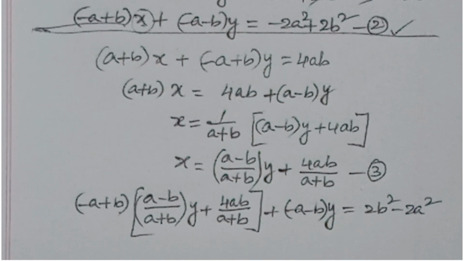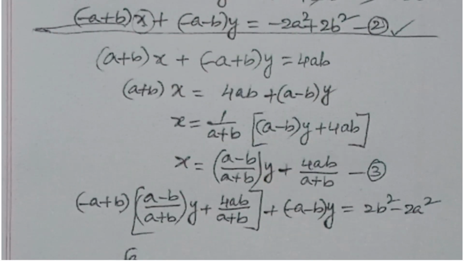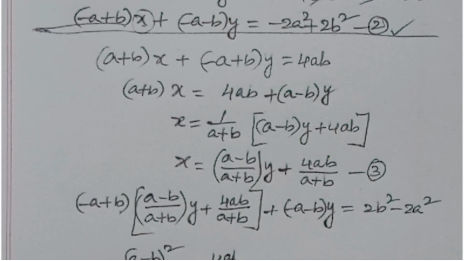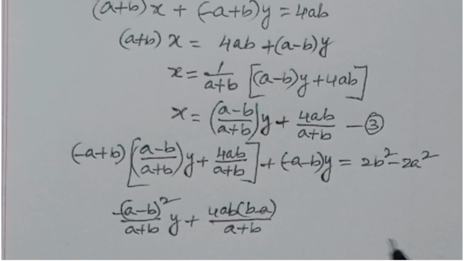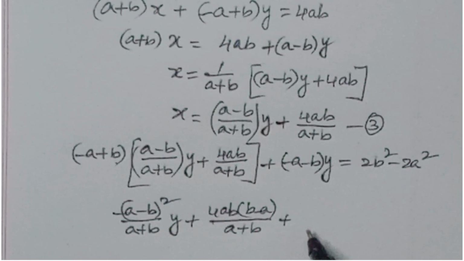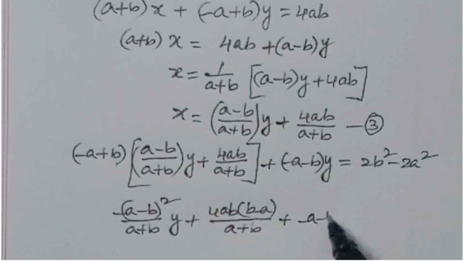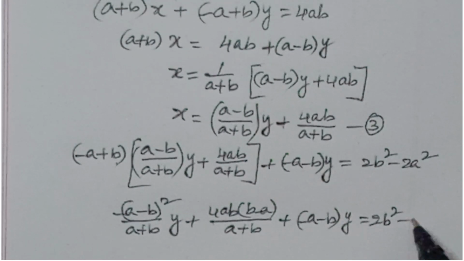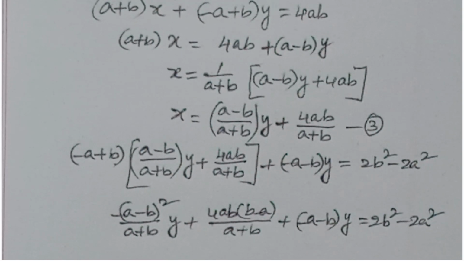If you take minus common, -(a-b)²/(a+b) y plus 4ab(b-a)/(a+b) plus (-a-b)y is equal to 2b² - 2a².